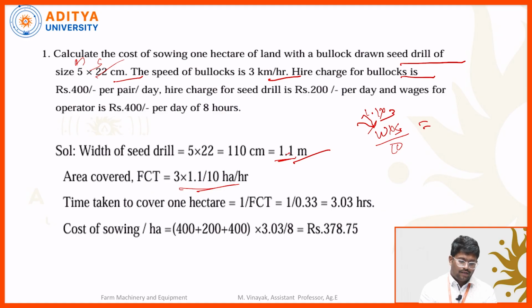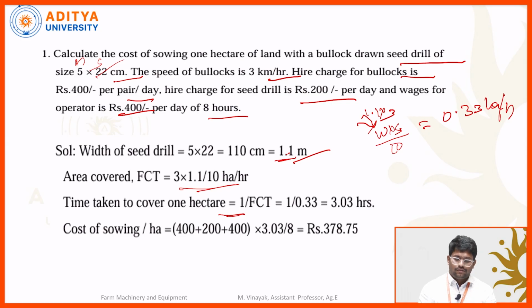Hiring charges of the bullock is 400 per day, hiring charges of the seed drill is 200 per day, and wages of the operator is 400 per day of 8 hours. Time taken to cover 1 hectare: here we get 0.33 hectare per hour.